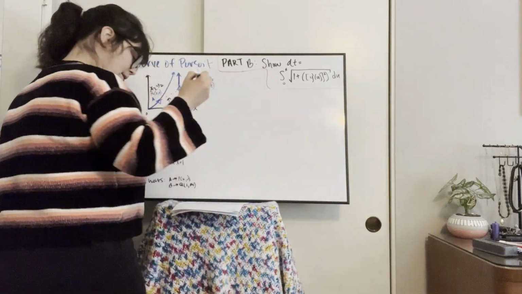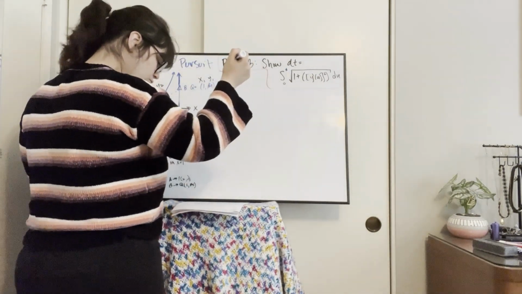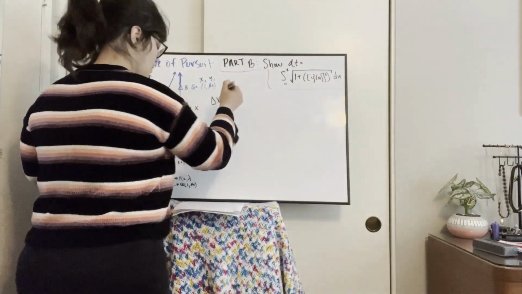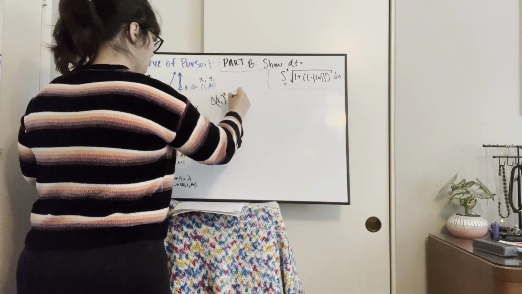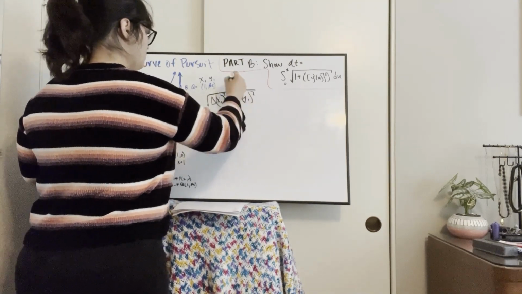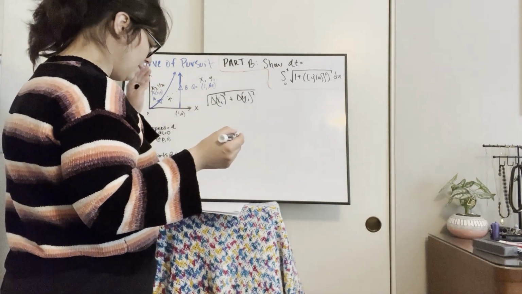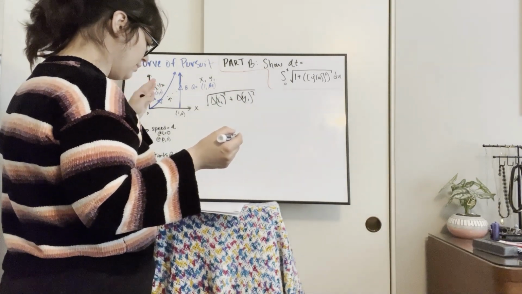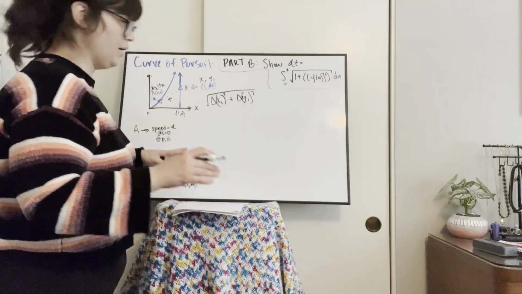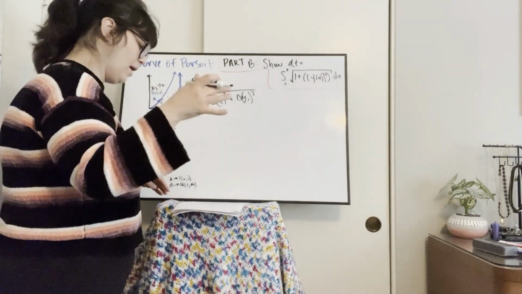Okay, I'll just rewrite that last part really quick. Delta x sub i. Okay, and then by the mean value theorem on this interval from x sub i minus 1 to x sub i, there's going to exist some point x sub i star.